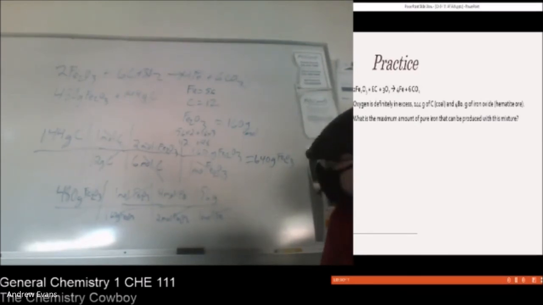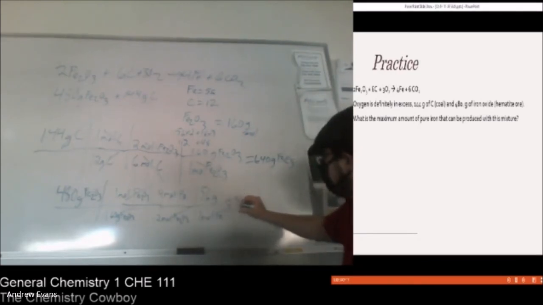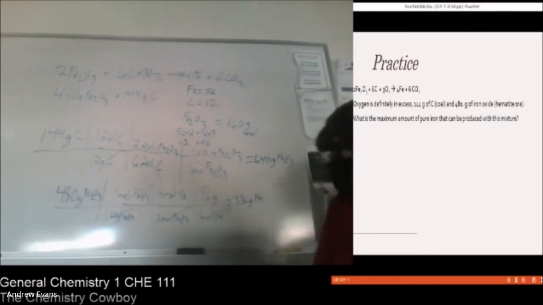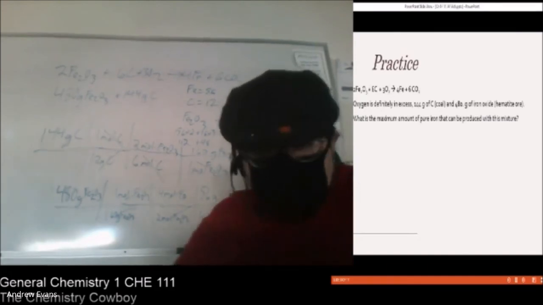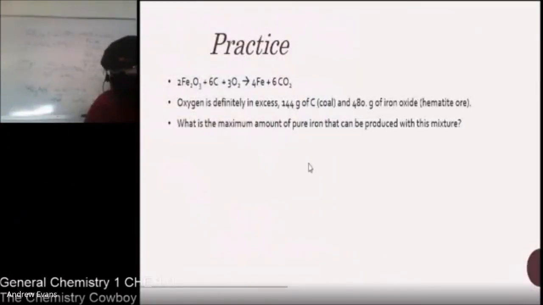So we got 480 divided by 160, it's 3. Times 4 over 2 is 6. Times 56, we would make 336 grams of iron. 336 grams of iron is our product. And that is this whole process.